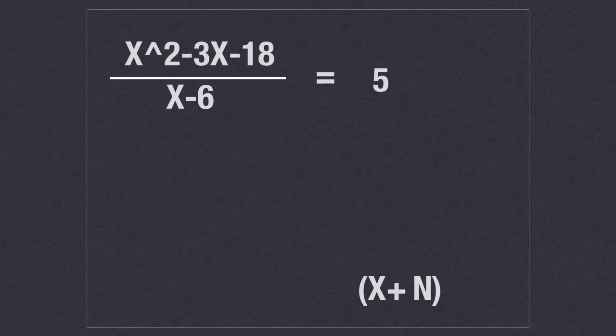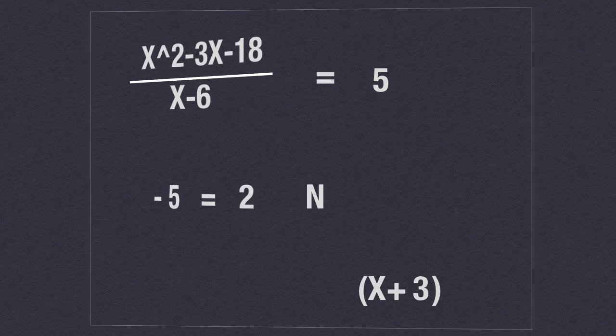So that means 5 equals 2 plus n. And we will just use simple algebra to know the value of n. So we pass the number to subtracting, and the answer is 5 minus 2, which is 3. So now we know that x plus 3 is the answer that we need. And that's it. That's how fast you can do this division with this method.